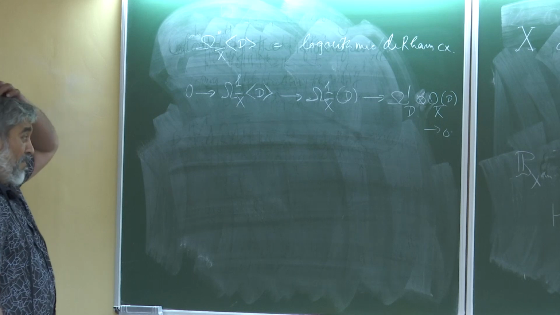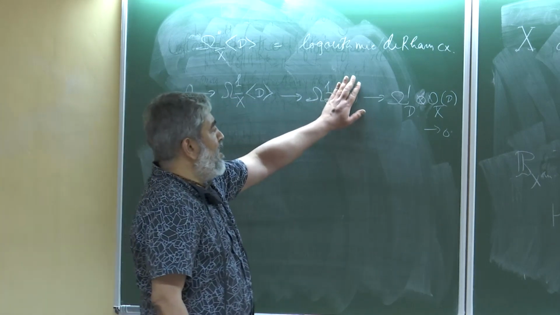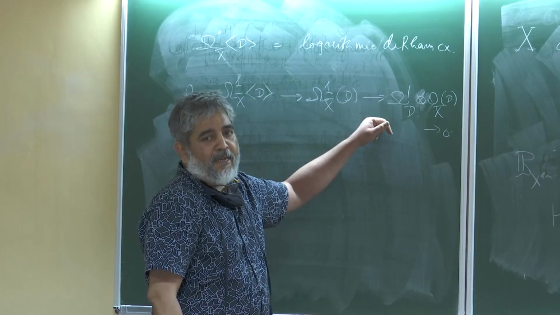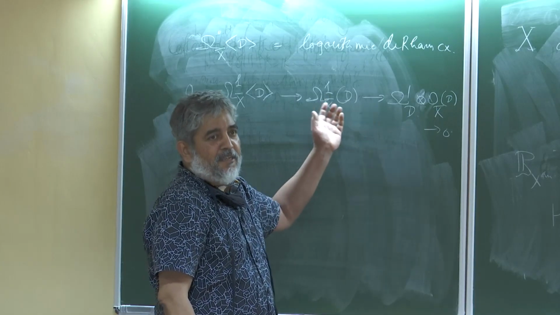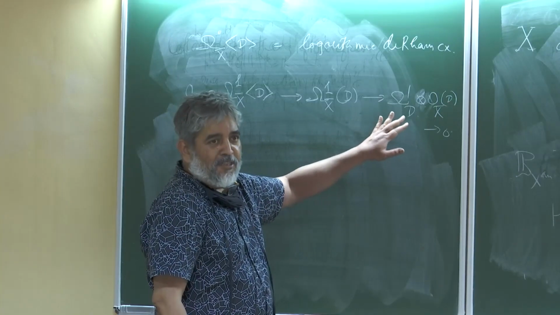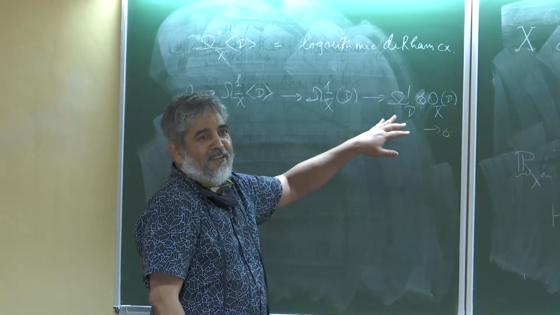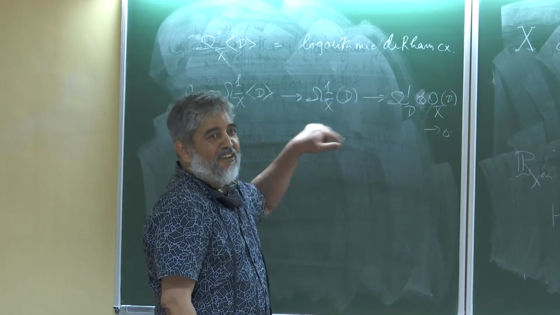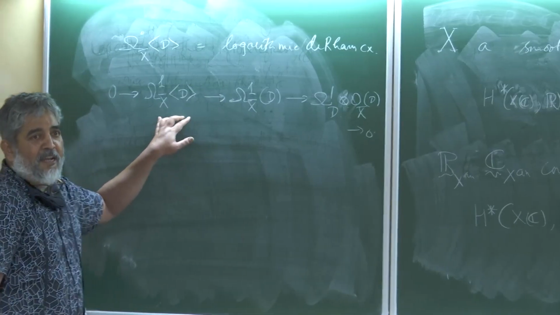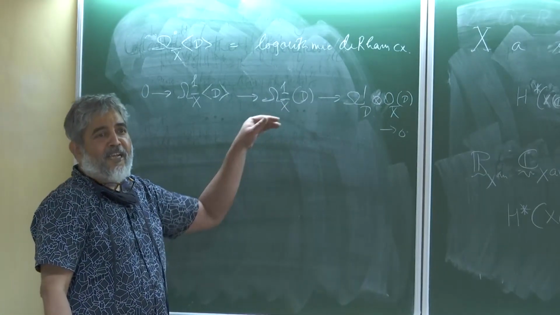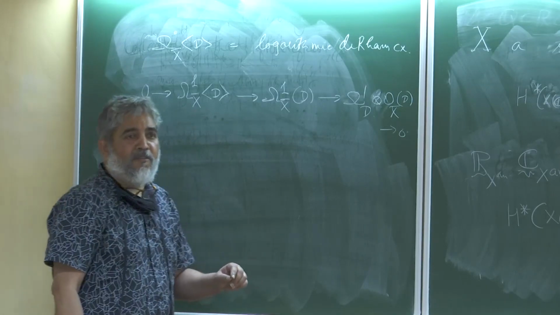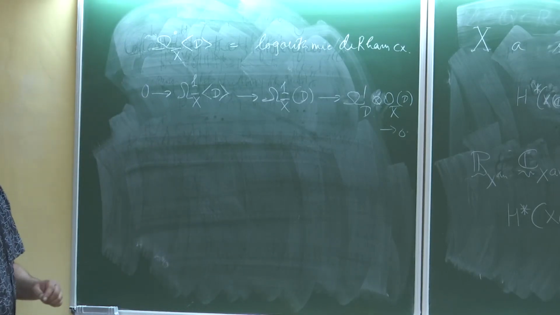So you have a natural map, right? I just forget the D for the moment. You have a natural map from omega 1 of x to omega 1 of D, which is whatever restriction of one forms. Note that D need not be smooth. So there's something here to check, which I will leave as an exercise. And then take the kernel, okay? But then tensor everything with O_X(D). Then what you get in the kernel is called the one forms with log poles along D.